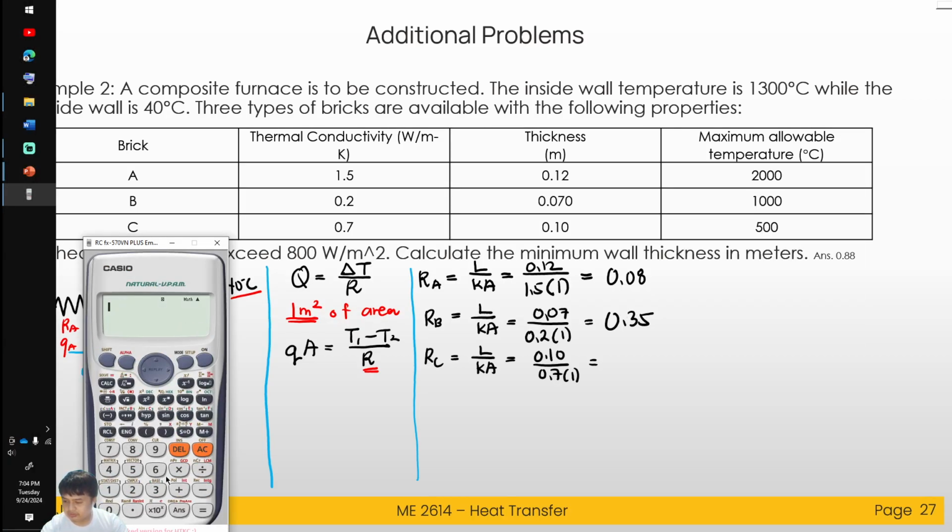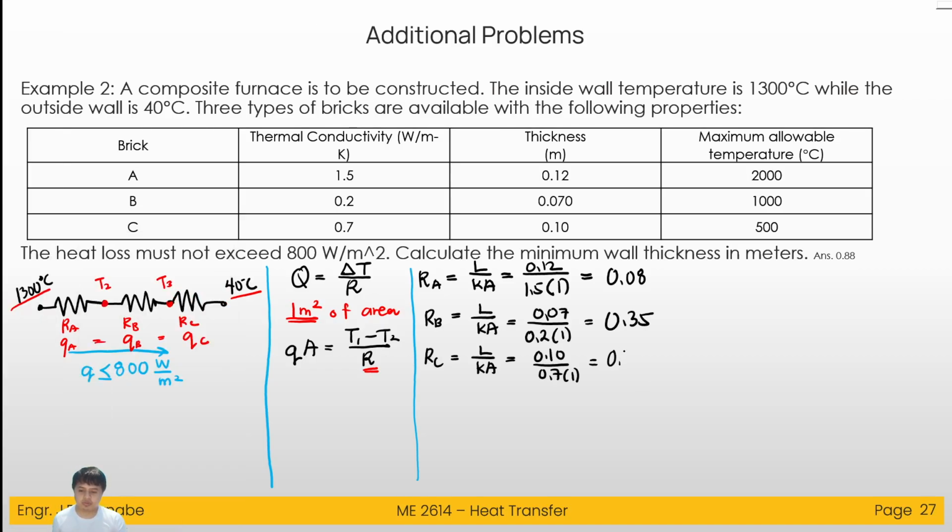And then you have 0.1 over 0.7, so you have 0.1429. So this is all in Kelvin per watt.